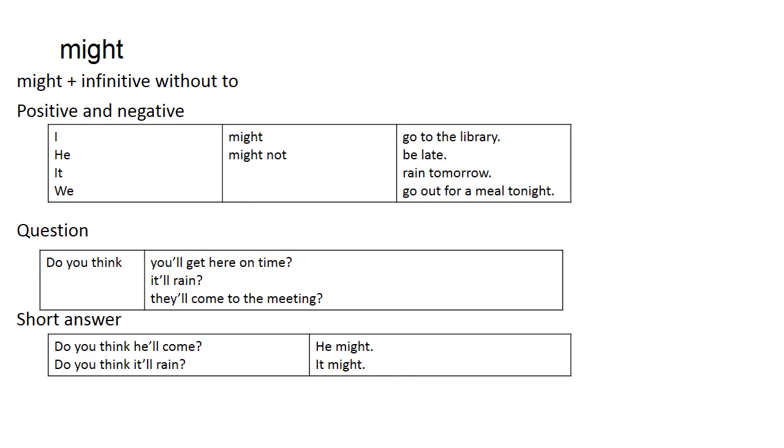It's very common to ask a question with do you think plus will, like the example in the second box. And if I make a question with a short answer, I will say, do you think he will come? He may. Or do you think it will rain? It may.